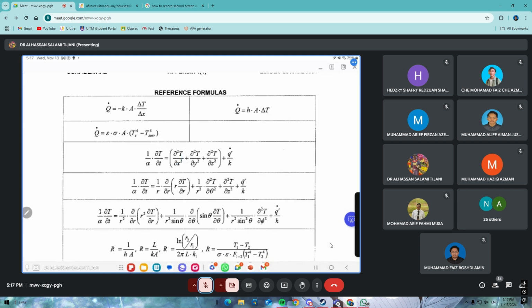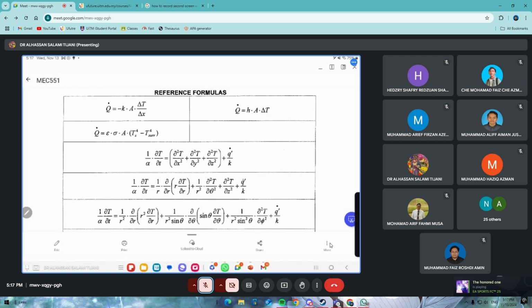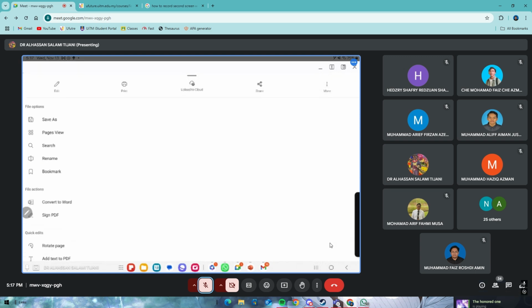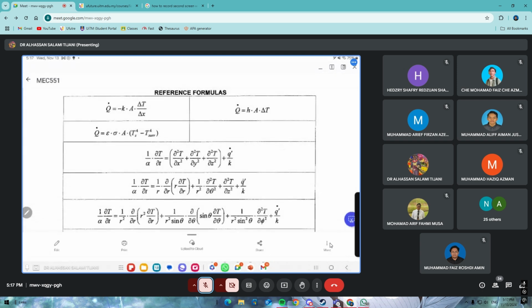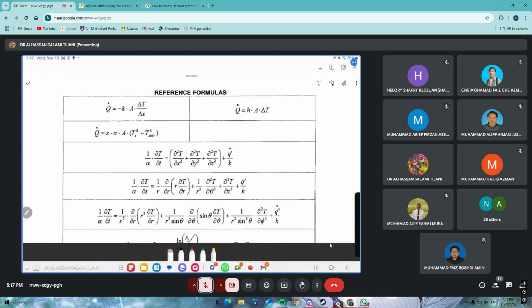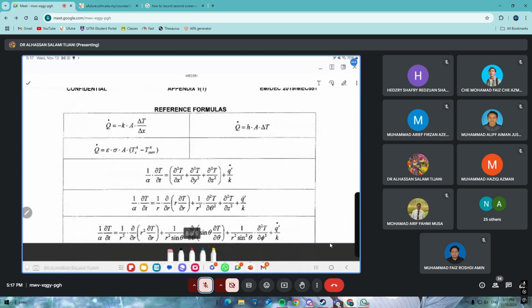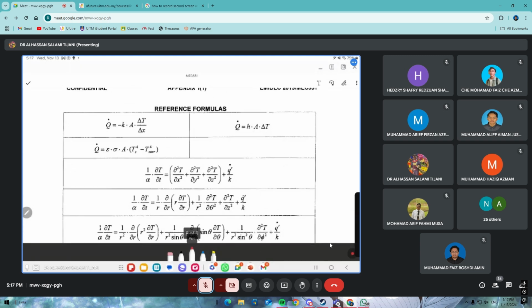You understand? Yes, so it is this equation we are going to use.